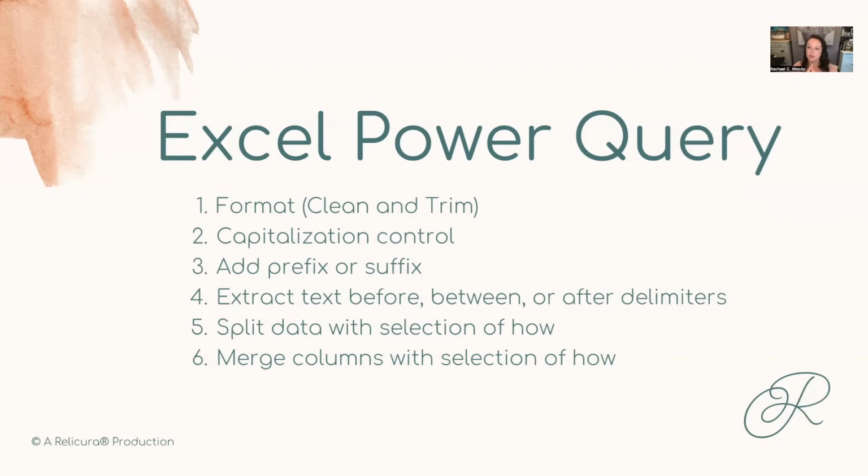You don't necessarily want to split it based on delimiter, but you do want to extract it based on delimiter. So delimiter as a word is being used here a couple of times, but to do a couple different things. And then we've split the data, but now maybe we want to merge the data. So we'll take a look at areas where it may make sense to merge our data together and how we can do that with Excel Power Query. So with that, let's get into the examples.